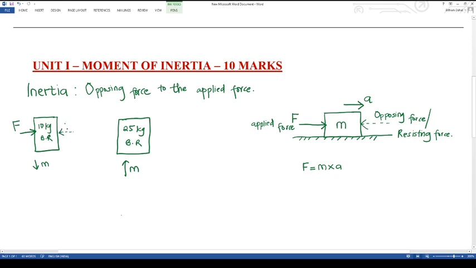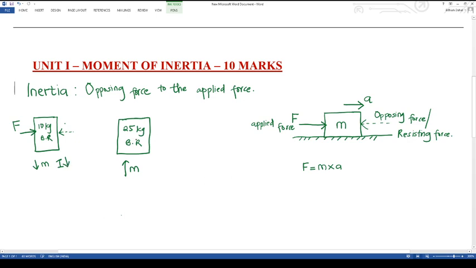So which is the inertial force. Now if I compare it with 25 kg bag and 10 kg bag, mass of 10 kg bag is less than 25 kg bag, and therefore the inertial force that will be acting towards this applied force will also be less as compared to 25 kg bag.